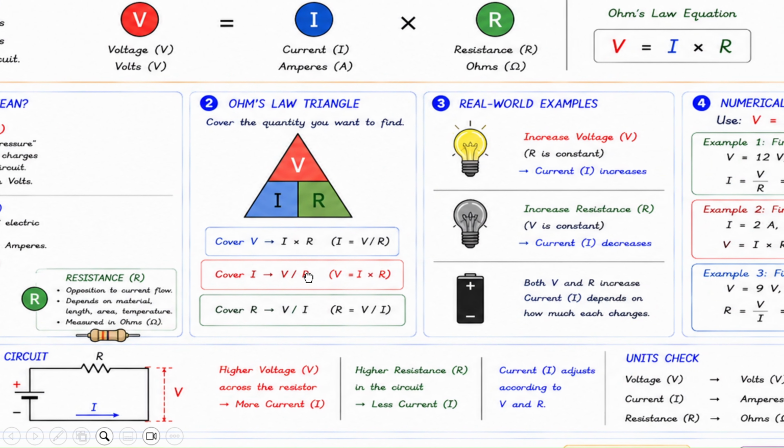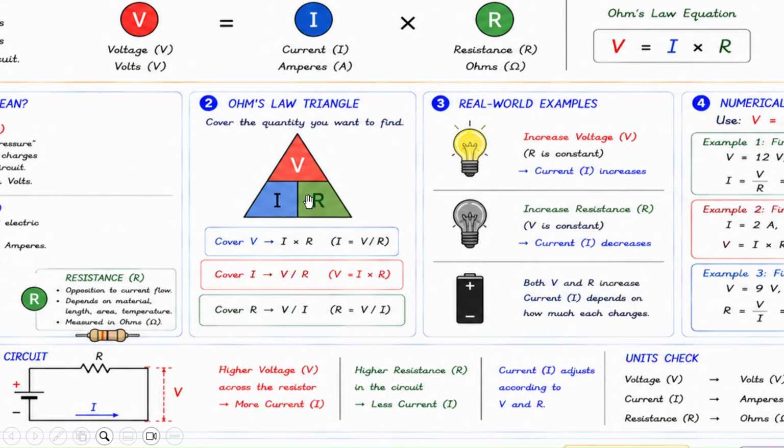So Ohm's law, as we've seen mathematically using this equation, but visually we can also draw it this way. Think of it like a triangle where V is on the top, and I and R are on the bottom.